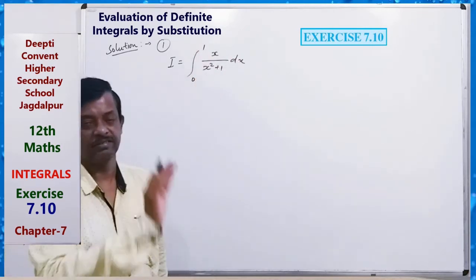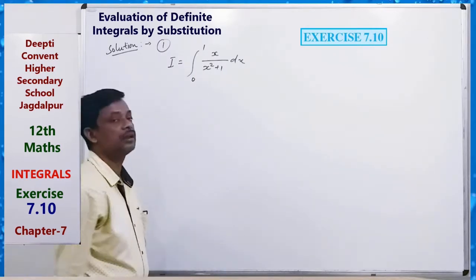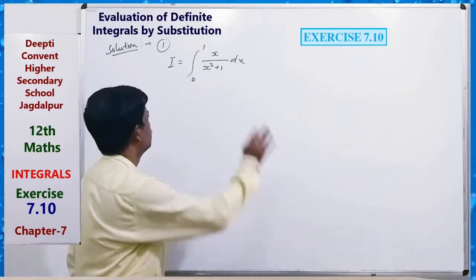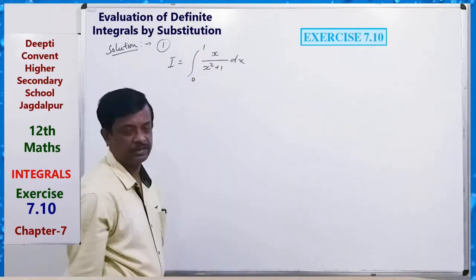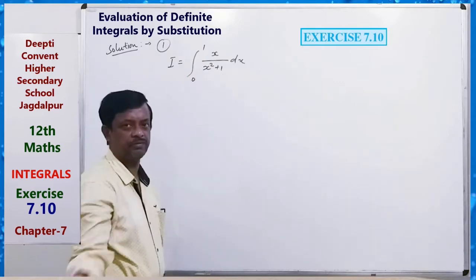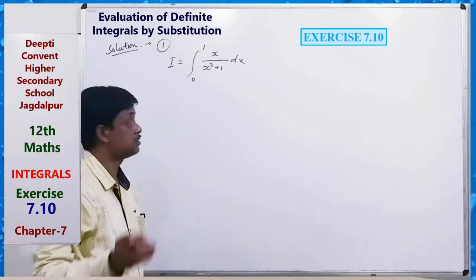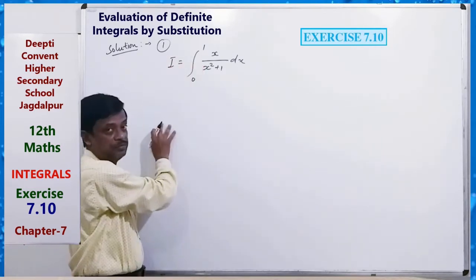We can find the value of this integral by using the second fundamental theorem of integral calculus. First find the indefinite integral, then apply the limits F(1) minus F(0). But directly by the substitution method, we can get the value.